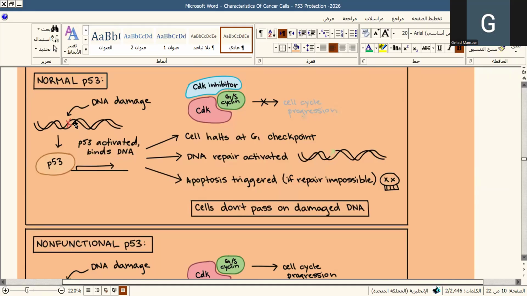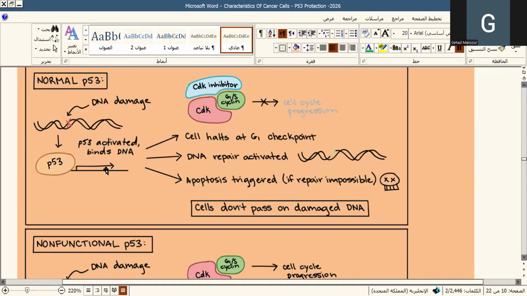In case the P53 is normal, this DNA damage will be detected by a sensor protein, and that will result in the sensor protein activating P53, but the sensor protein does not show here on the diagram.